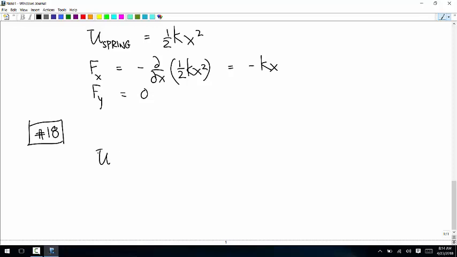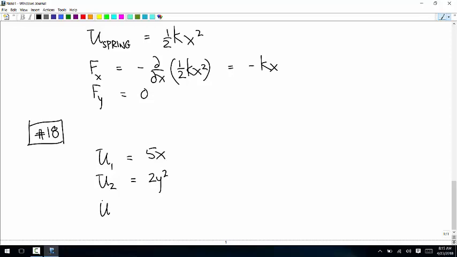The first one is this, and the second one is this. And basically, we want to figure out the total force field. What forces are acting on this thing?